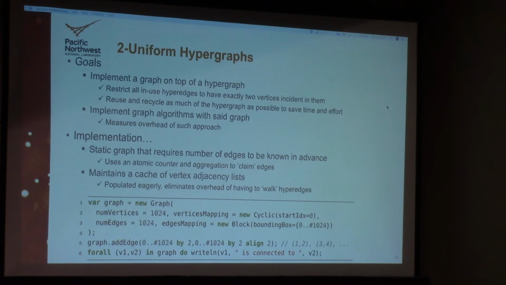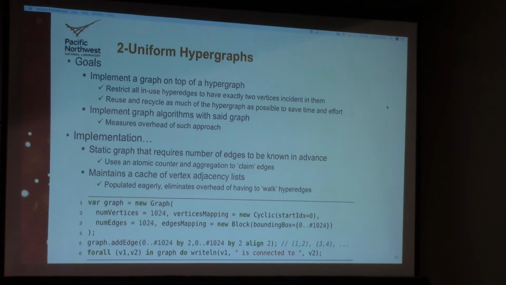Due to the fact that the hypergraph is a dual, it has to be a static graph, unfortunately, which means you have to know the edges in advance. We use an atomic counter along with aggregation to efficiently claim edges, and we also maintain a cache of adjacency lists, which has significantly improved things by at least 2 orders of magnitude, which is pretty cool.